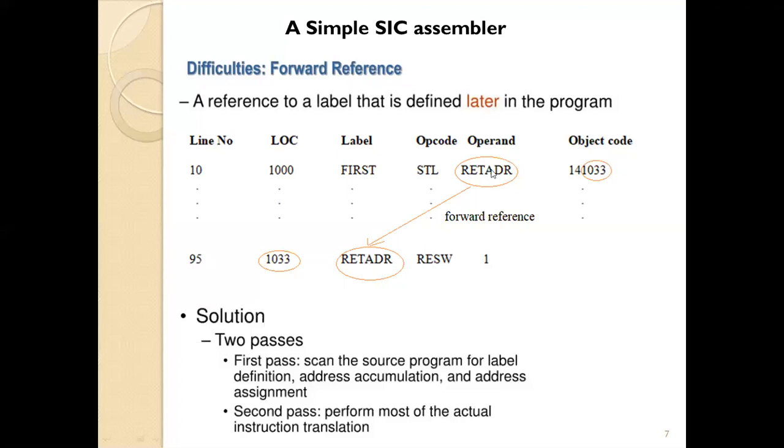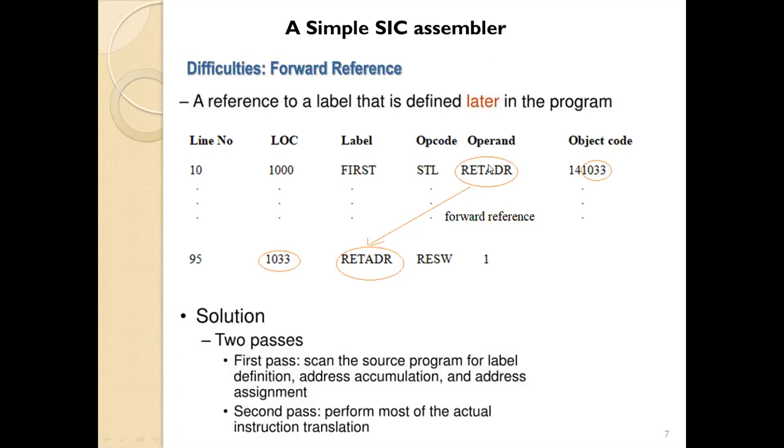If you try to translate the instruction at line number 10 sequentially, line by line, we cannot process this statement, the instruction STL RETADR. Why? We are unable to process this instruction because we do not know the address that will be assigned to RETADR. We know the object code of the STL instruction, the opcode, which is 14.